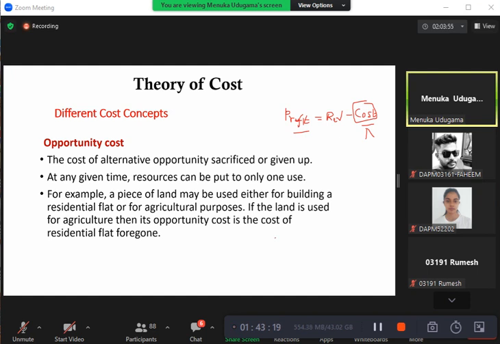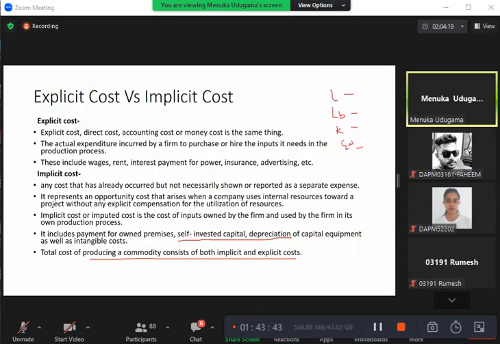So here, if you have a plot of land and you can cultivate this, or you can build a building, and if you have a building, then that would earn you some rent. So if you can only go for one option, then you forgo the rent. If rent is 5,000 per month, then that's your opportunity cost, 5,000. That will also show up as an implicit cost if you are doing an economic analysis. Right? So apart from that, you will also consider other cost types like social cost now.